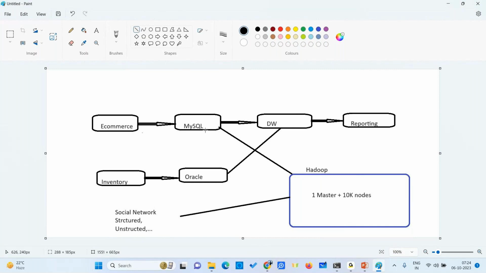And inventory is also required for this purpose. We need this data, as well as how many customers hated the delivery, which is also required from these social media sources. Now this Hadoop system has direct access to the reporting as well.